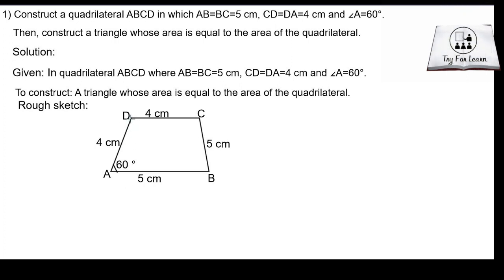For that purpose, you need to join either diagonal BD or diagonal AC. But here the name of the triangle is not given, so we can join either diagonal. So here I'm going to draw diagonal BD, and we will draw a line parallel to this BD from this vertex C, and we will produce this base.